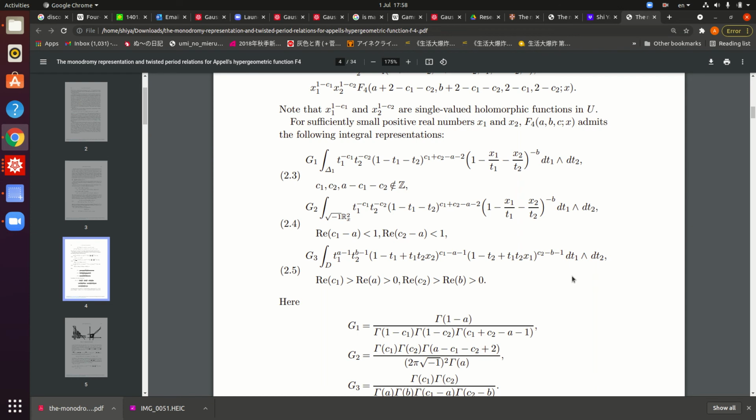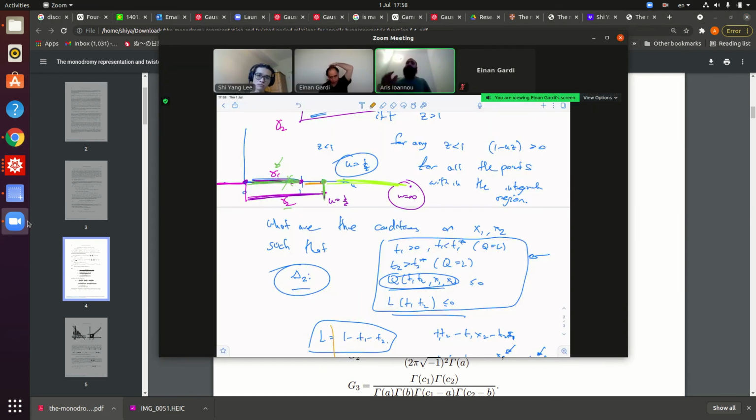So that's an example of how it could have worked with a different definition of a contour. In principle, you can define any contour you want, right? But the key point is, what is the functional representation of this integrand over this contour that you will choose?